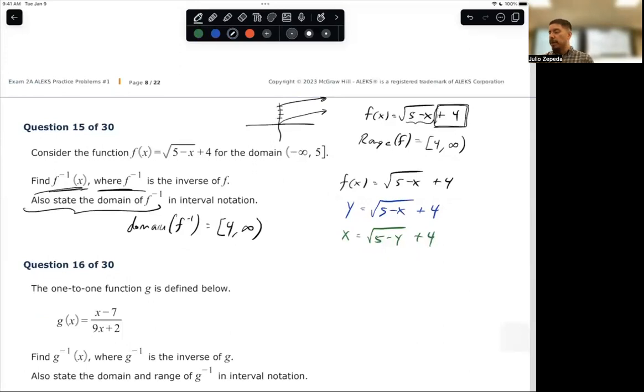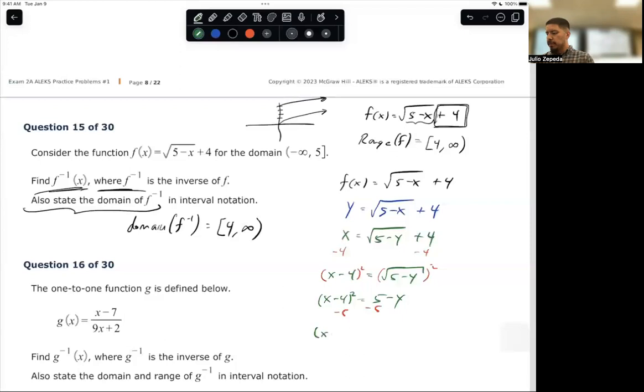We'd solve for y by subtracting 4. You get x minus 4 equals the square root of 5 minus y. And then we would square both sides. So x minus 4 squared equals 5 minus y. Subtract 5 on both sides.